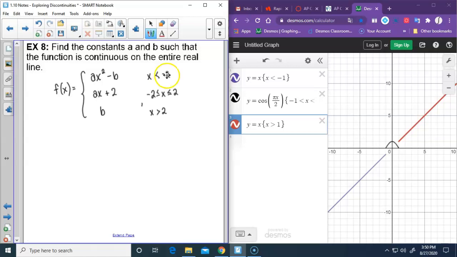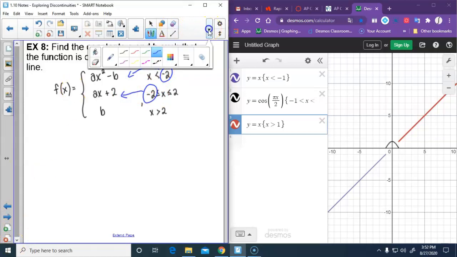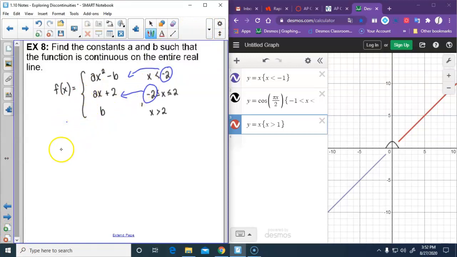So I know that if these are continuous, if I plug negative 2 into both of these equations right here, we'll have a times negative 2 squared minus b, and that will have to be equal to a times negative 2 plus 2 here. And so this gives me 4a minus b equals negative 2a plus 2.